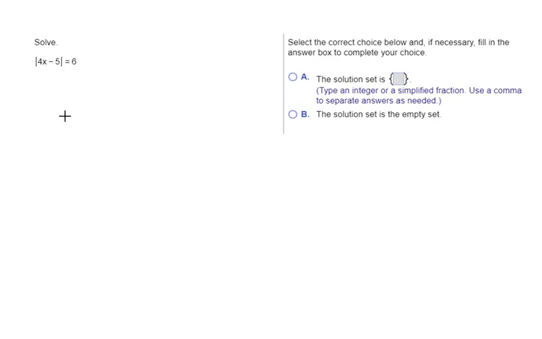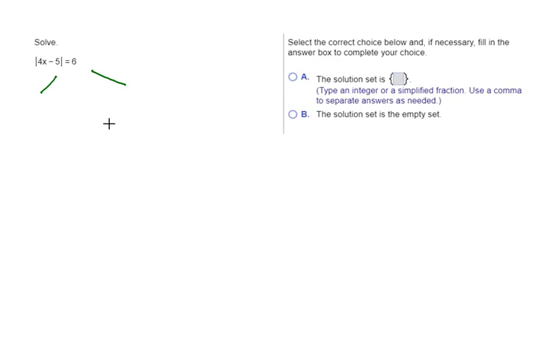Now we're going to be solving some absolute value equations and inequalities. The way you solve an absolute value equation is you really can't solve the equation while it still has the absolute value. So what we're going to do is rewrite it as two ordinary equations without absolute value.